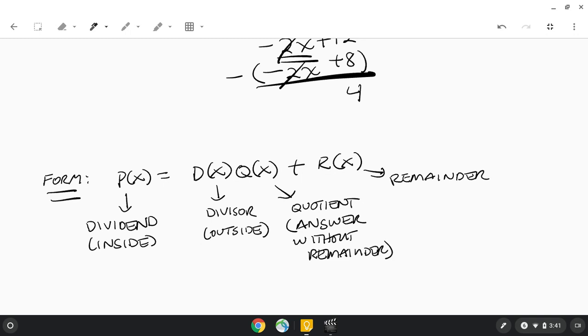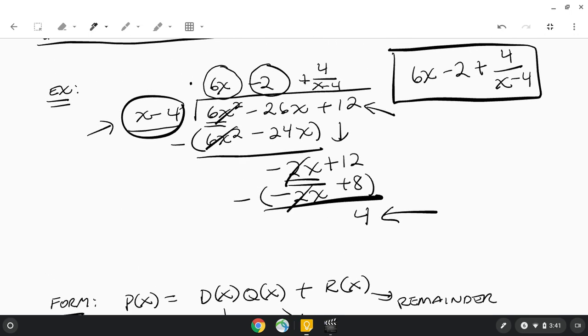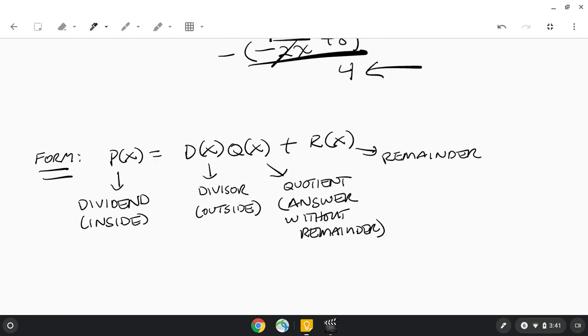And then here it's just your remainder, which is 4, not the fraction up here, but just the remainder 4, so it's without the denominator.